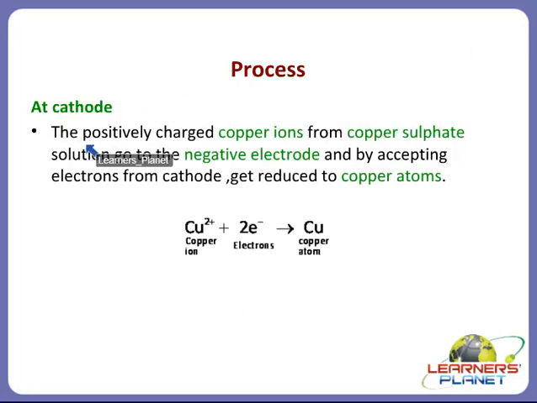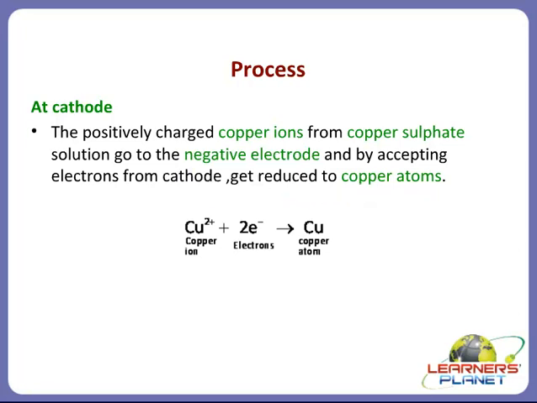Like at cathode, the positively charged copper ions from copper sulfate solution go to the negative electrode, and by accepting electrons from cathode, they get reduced to copper atoms.